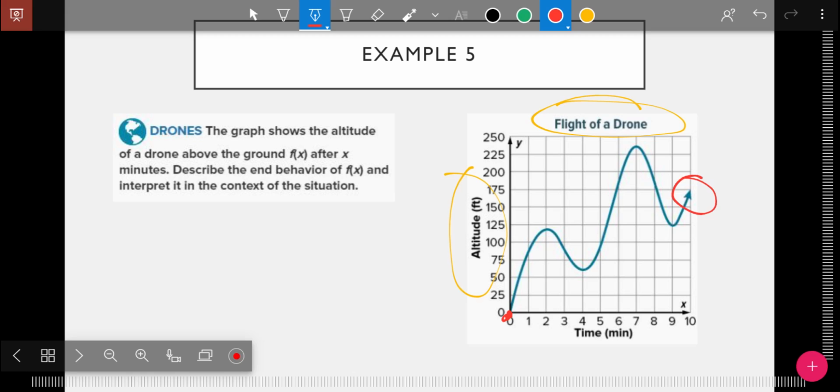So I only have one end behavior I need to talk about. I only need to talk about it at the end of my graph here, which is about the 10-minute mark. So what is the drone doing at about the 10-minute mark? It looks like the drone is going back higher. So describe after about 10 minutes or at about 10 minutes.